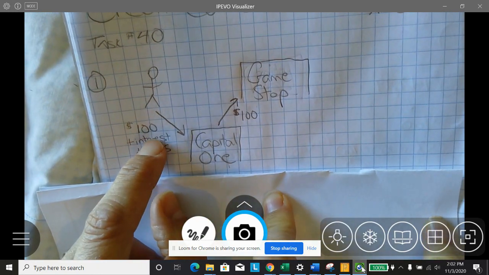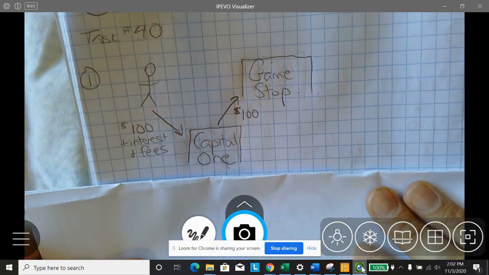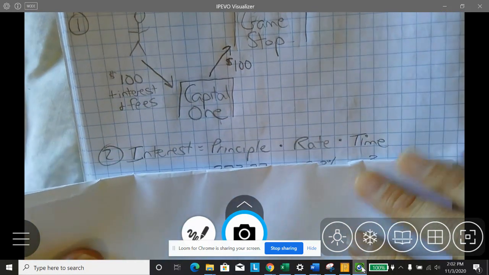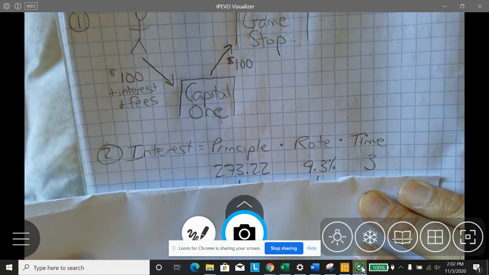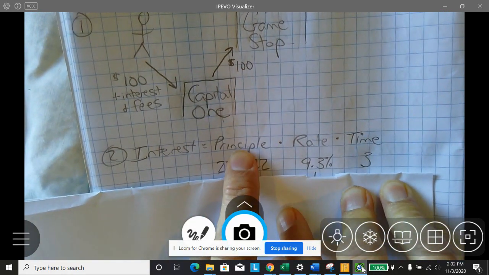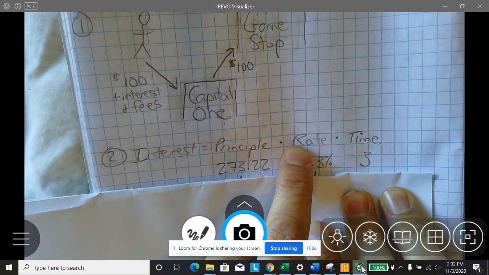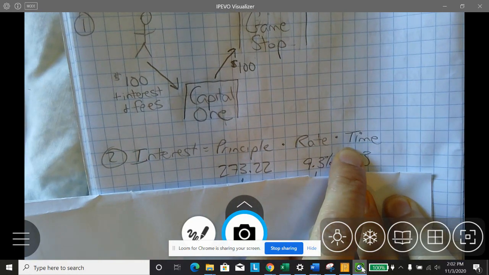What we're going to do today is estimate how much interest you might have to pay on different amounts. So number 2 of your homework is this. We know that interest is the principal, which is how much you owe, times the rate, which is whatever rate Capital One or the credit card company decides they want you to pay, and the time.